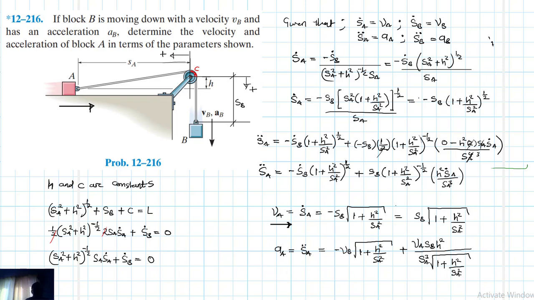Right, the direction also is in this direction.